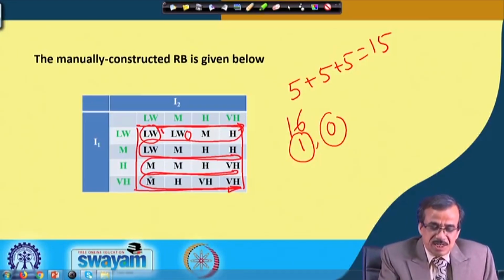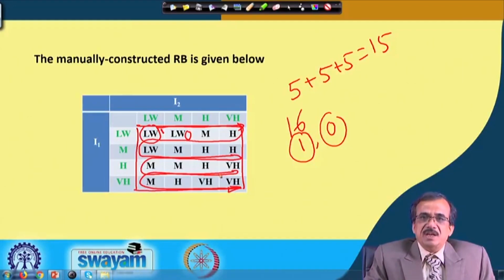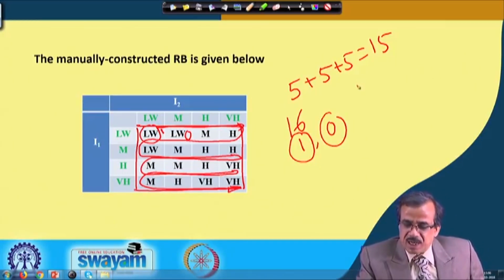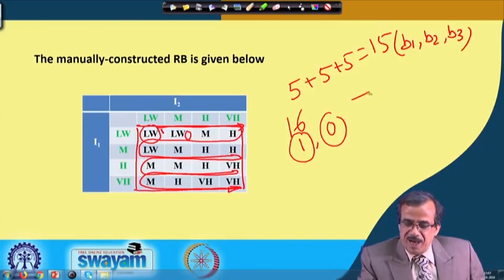So, there are 16 such rules. I need 16 bits just to represent whether the rule is present or not. So, the GA string will consist of 15 bits for B 1, B 2 and B 3 plus 16 for the rule base.